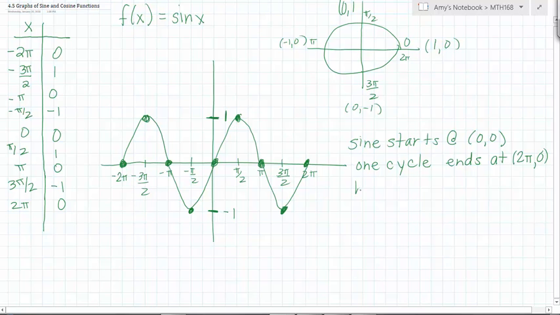The halfway point on your sine function happens at pi, 0. Of course, your highest peak is 1 and your lowest peak is negative 1.